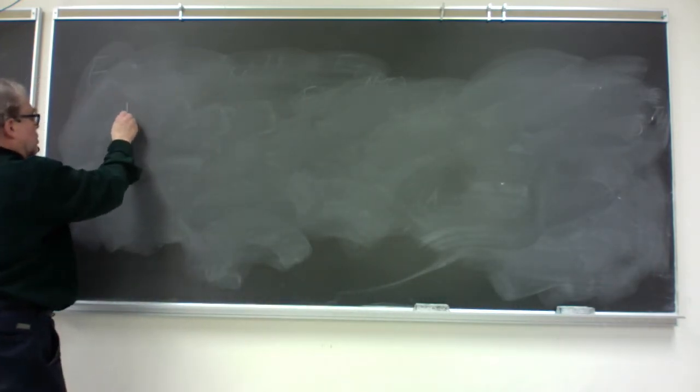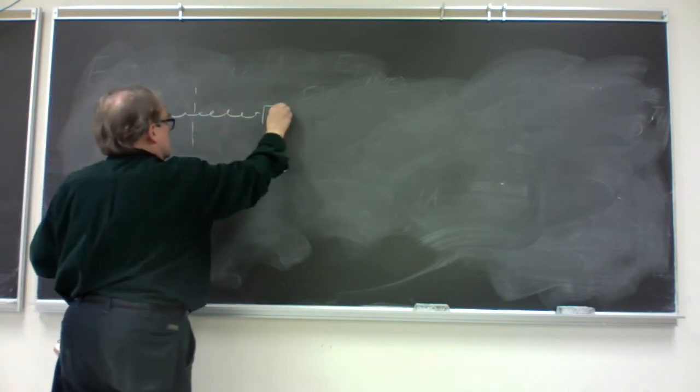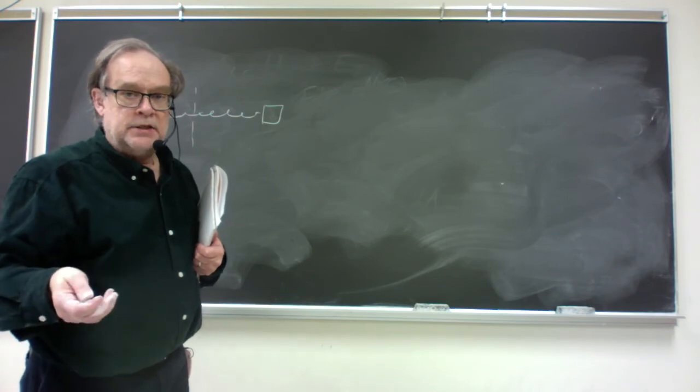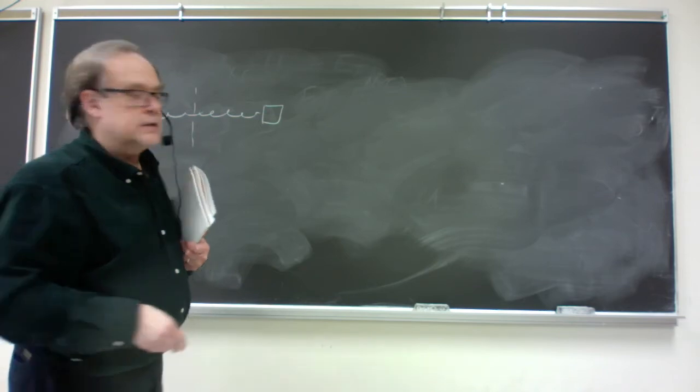So here's the wall, there's the equilibrium point, and there's the mass, and at the instant I let go, it has zero velocity, but it starts to pick up velocity to the left.